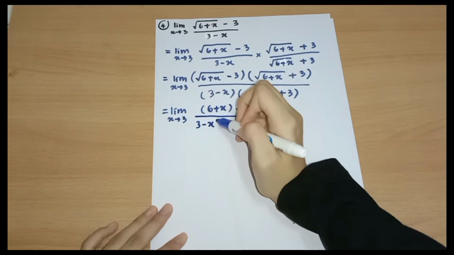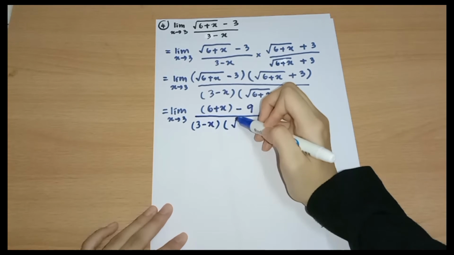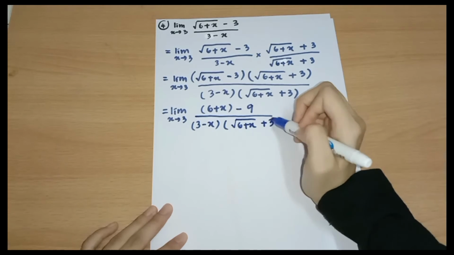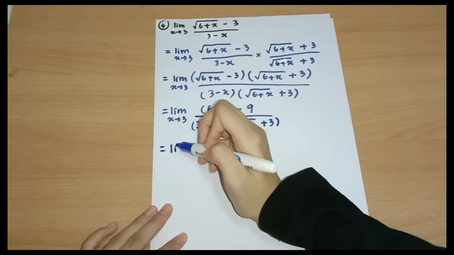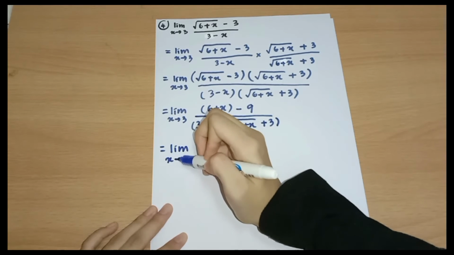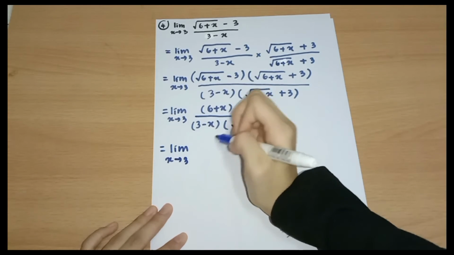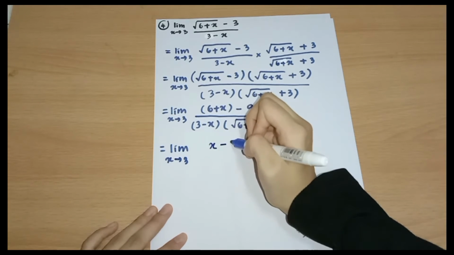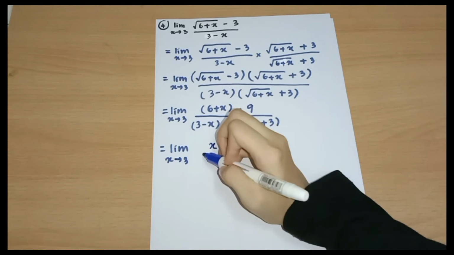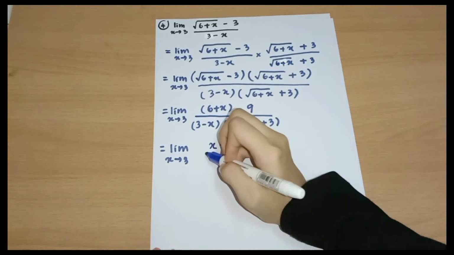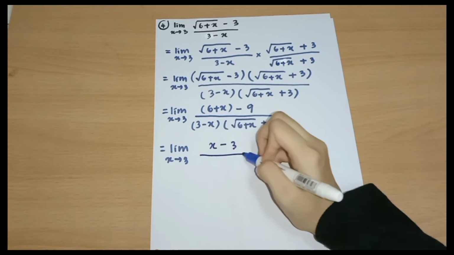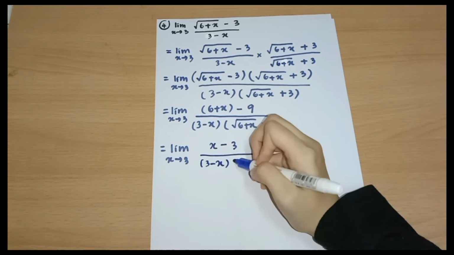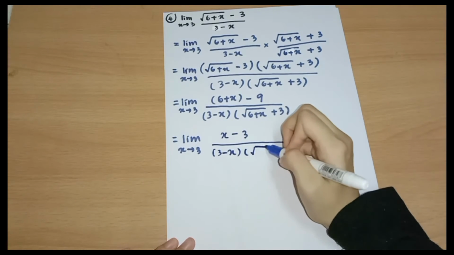But we don't need to expand the denominator, so just write it back. Do the operation for numerator, we will get x minus 3. Again, just write it back, the denominator.